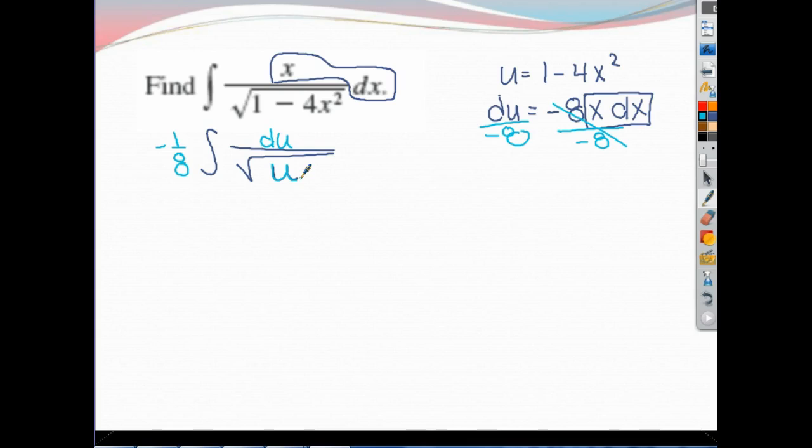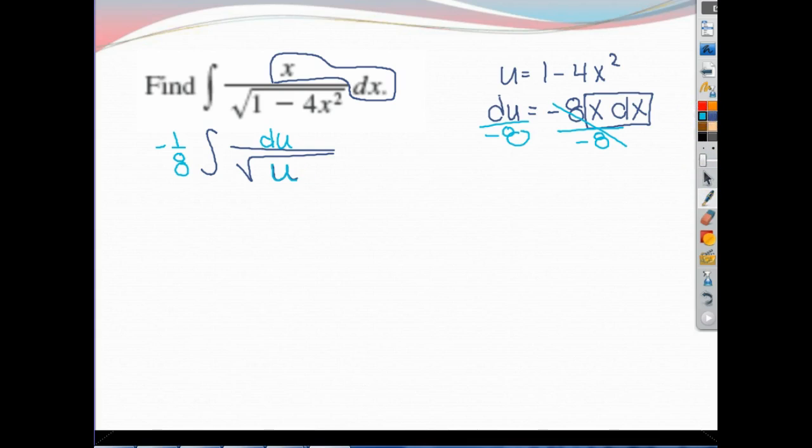Why don't you keep the x on top? Why does the x go with the dx? Because you can't have a mixed variable. You always have to have u to u or x to x, but you can't have mixed variables in an integral. So I have to get rid of the x with the dx.